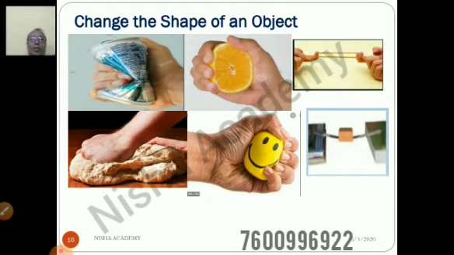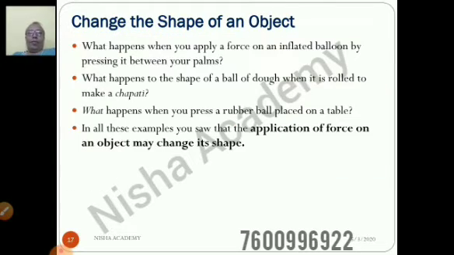So what is happening here? You are applying force, and when you apply force, the shape of the object is changed. In all these figures you can see that the shapes are changed. So what happens when you apply force on a flattened balloon?